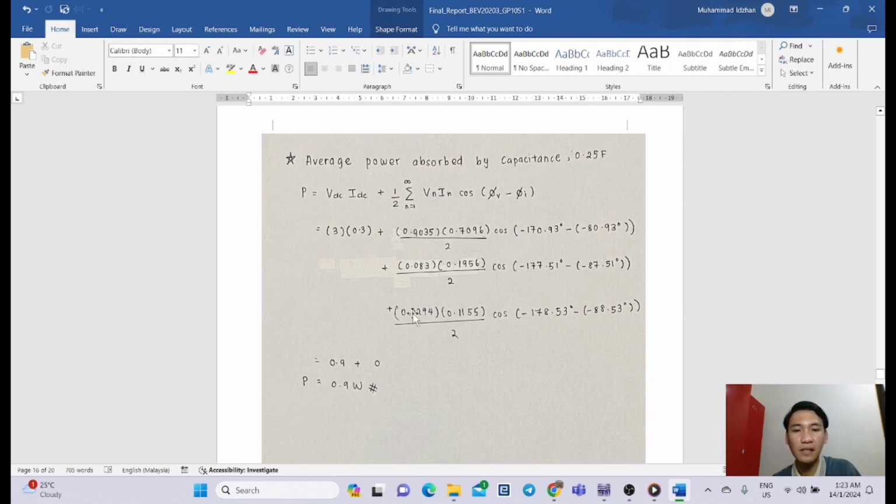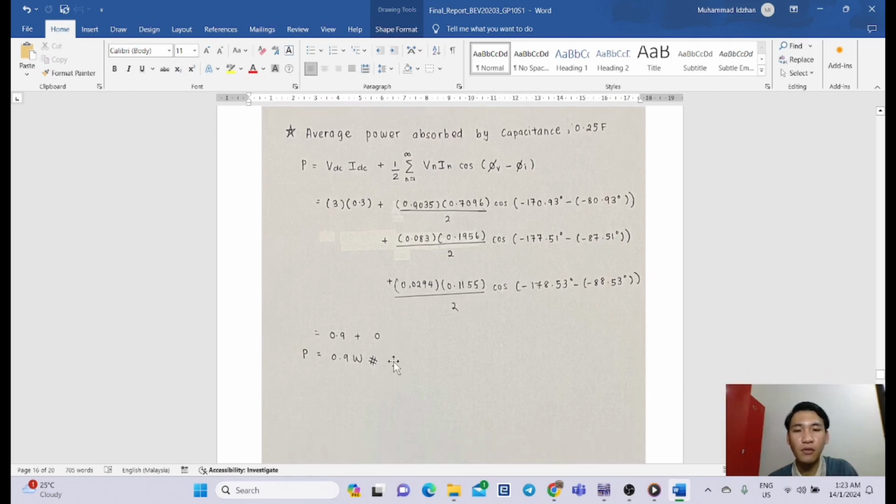Same goes with the angle. And for N5, after we calculate, we have determined that the angle will be negative 90 degree. So cos negative 90 degree will be 0. So the AC component will be 0. So only the DC component that we have, which is 0.9 watt. So the power absorbed by the capacitor is 0.9 watt.